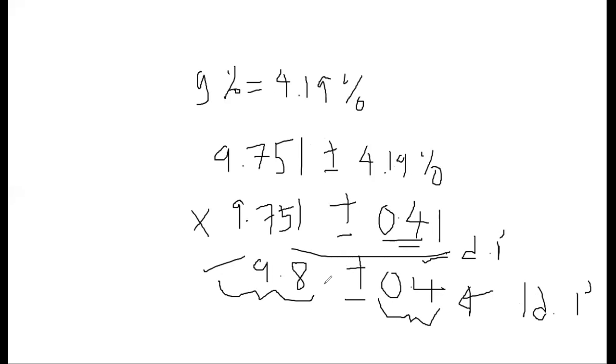So that's the reason you have to give. You say because of 4.19%, the actual uncertainty of the gravity is 0.4, which is 1 dp. Therefore, the actual value also must be 1 dp. So you can't write 9.751, which is 3 dp.